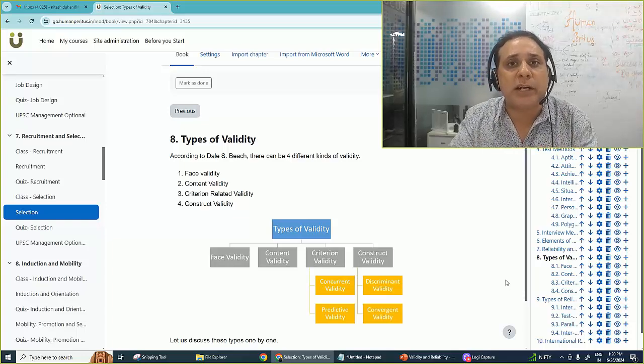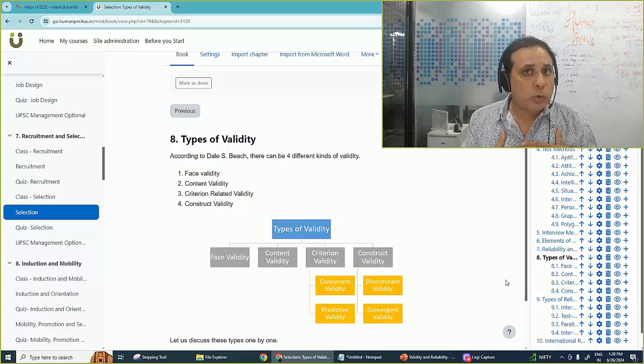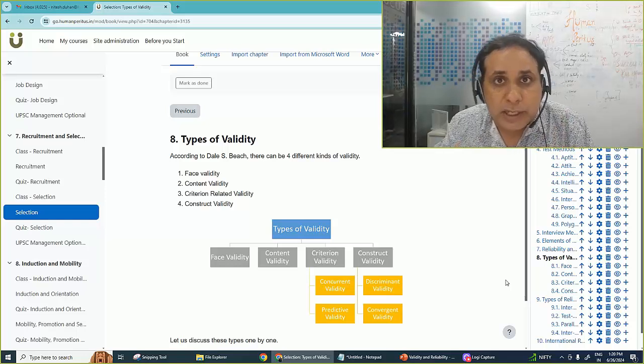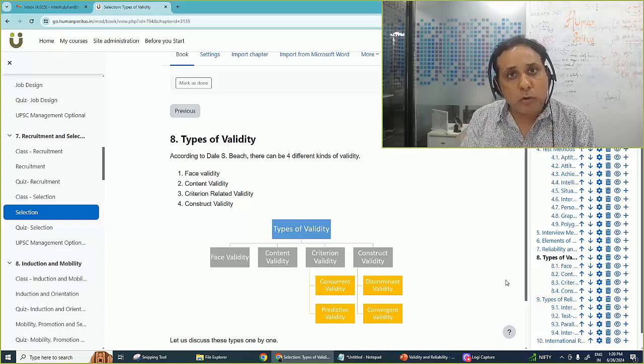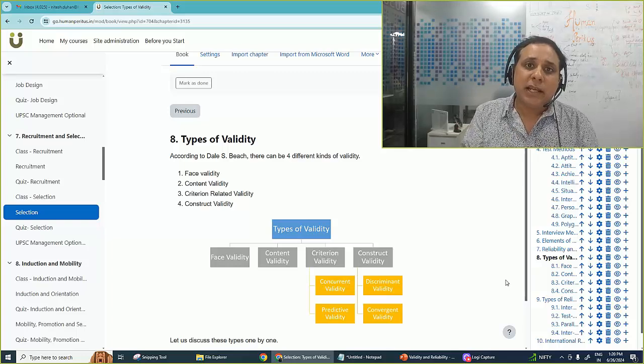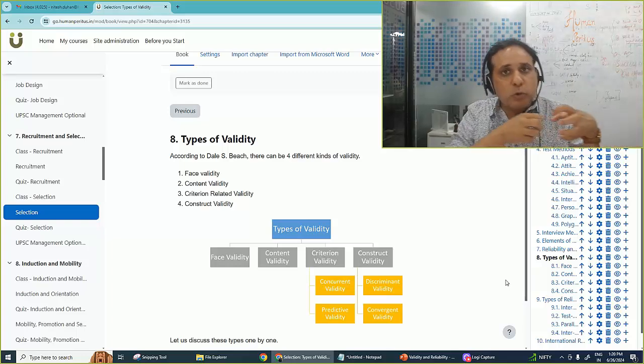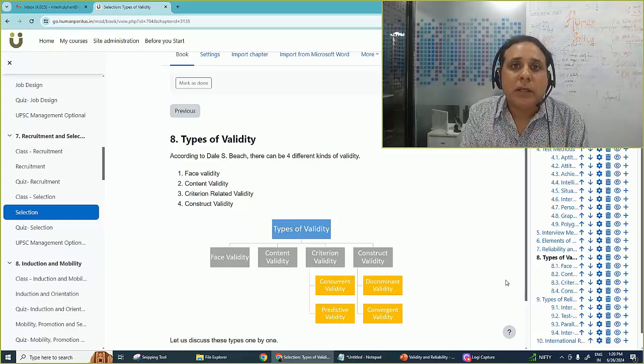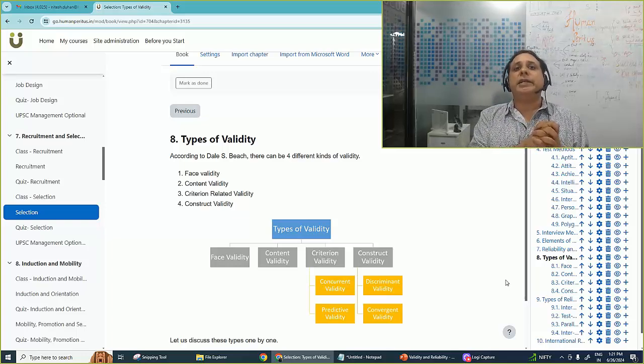What is my end objective? My end objective is not to conduct the CAT exam. My end objective is to find out those who are suited for the MBA program. So how good that entrance exam is in capturing who is capable of doing the MBA program, this is known as validity, guys.